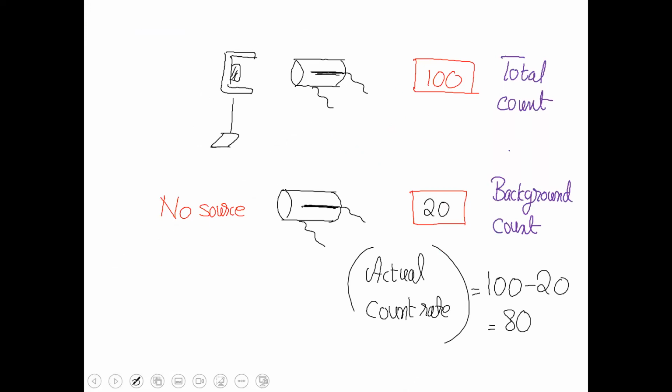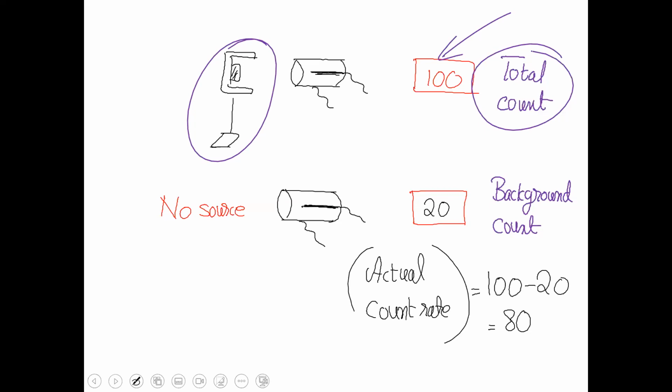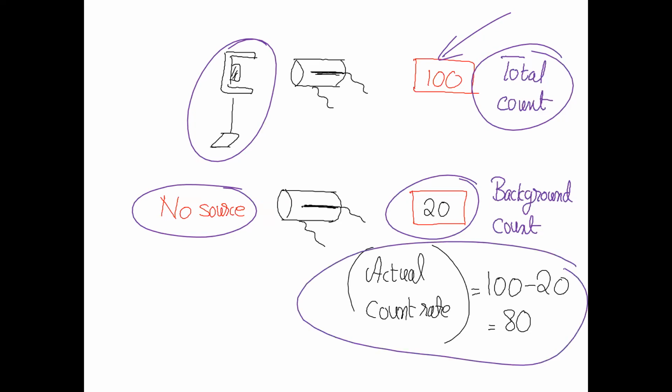This is a GM tube, and you have placed a radioactive source, and you are getting 100. This is the total count. Now there is no source, still count rate is coming. This is the background count. So in order to adjust it, you have to subtract it. Background count means no radioactive source. The environment is generating some radiation, and radiations are always present.